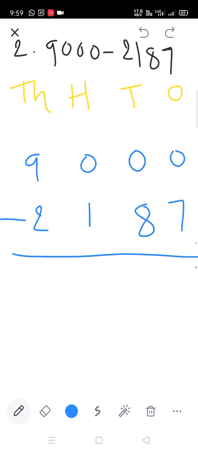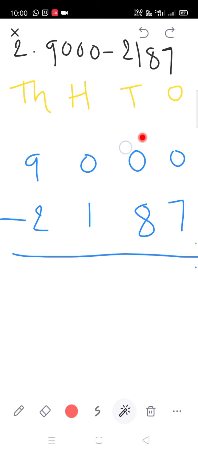Start from the ones place. We are doing a subtraction, so we have to subtract from the ones place. 0 minus 7. 0 is smaller than the 7, so we have to take a borrow from the previous place. That is the tens place.